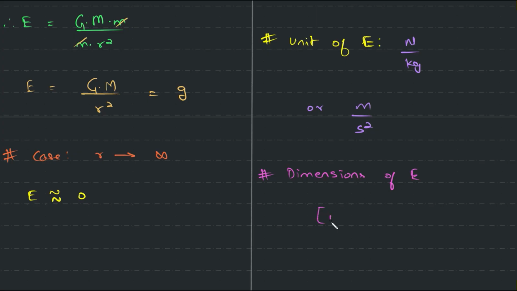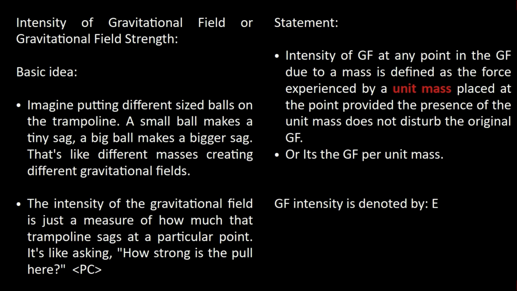The dimension of E would be L T minus 2. So the concept is quite simple. We just learned about intensity of gravitational field. It's nothing but how much force a unit mass experiences at a particular point in a given gravitational field. Sorry, I said electrical field earlier, my bad.